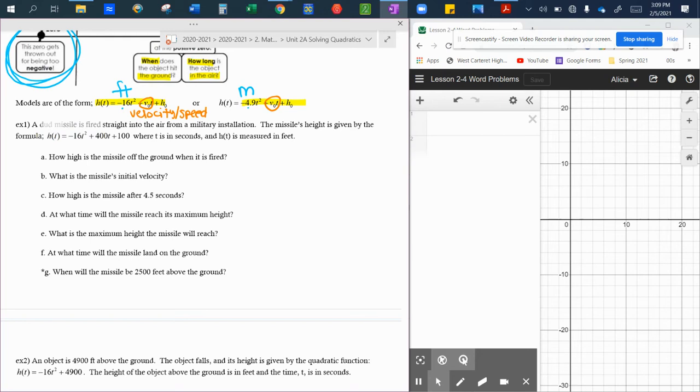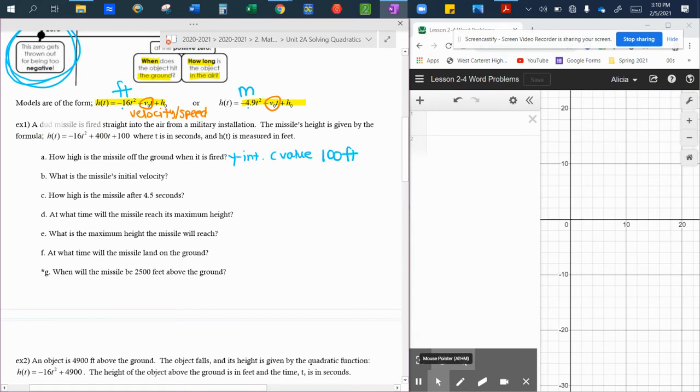So when I'm being asked how high is the missile off the ground when it is fired, that's going to be my y-intercept, which is always the c value in standard form. So for this problem, that's going to be 100 feet.